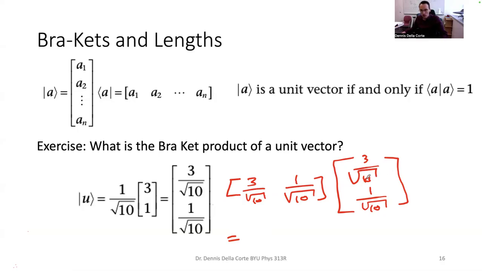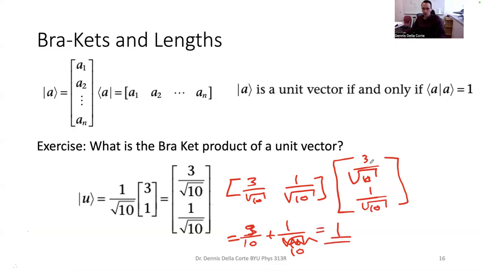So we have 3 over square root of 10, 3 over square root of 10, so that's just going to be 9 over 10. And we have 1 over square root of 10, 1 over square root of 10, so 1 over 10. No square root, because square root of 10 times square root of 10 is 10. And then we have 10 over 10, which is 1.